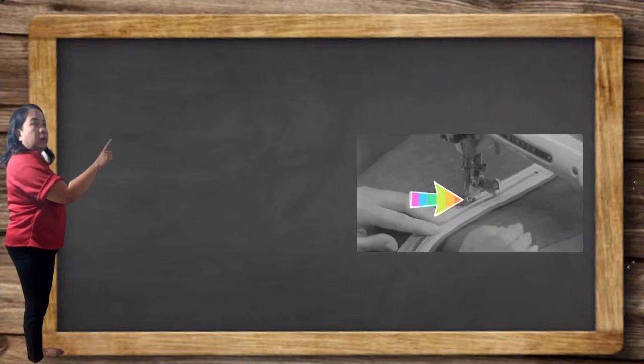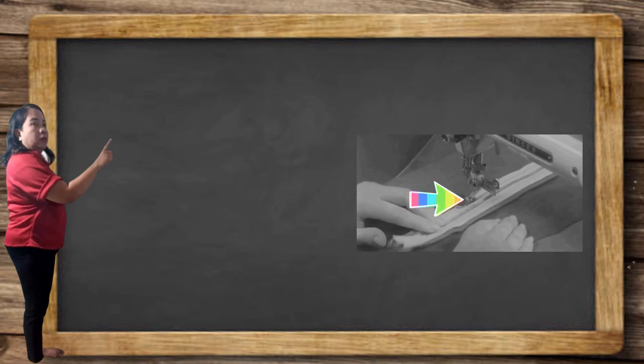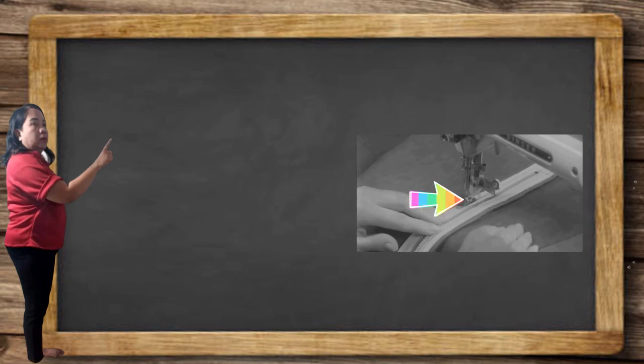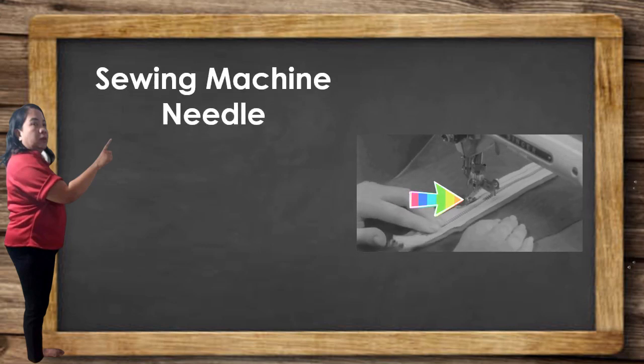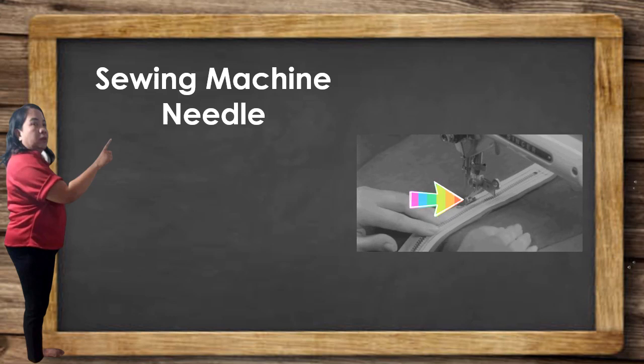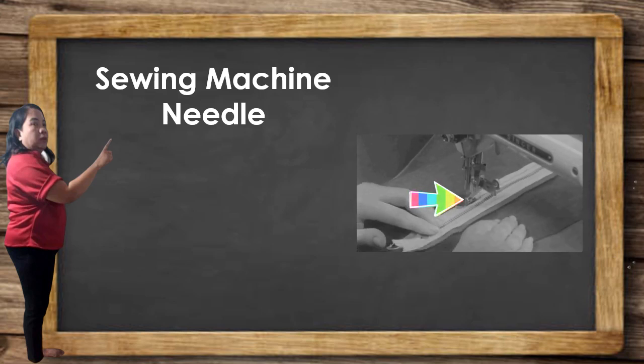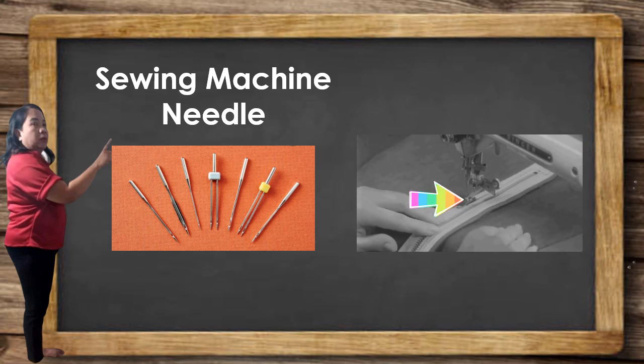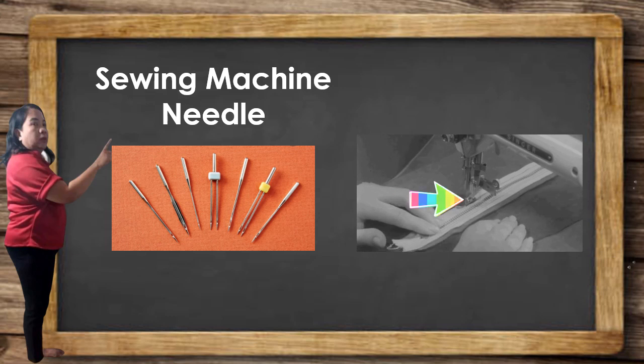This is one of the most important tools in sewing, especially in sewing using a sewing machine. What is it? Very good. This is the sewing machine needle. What can you say about the needles in the picture?